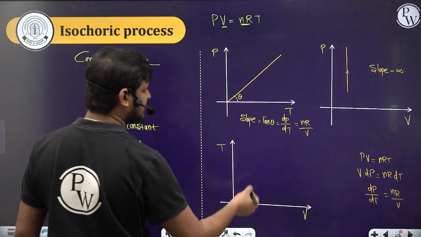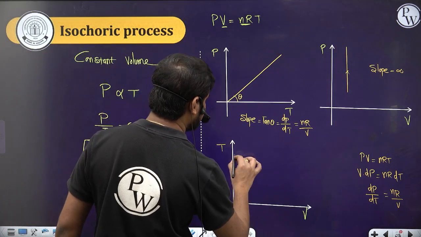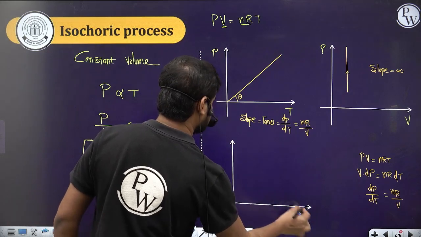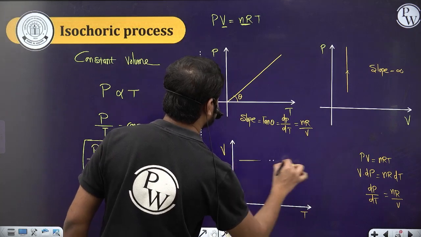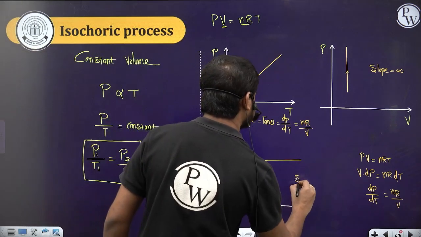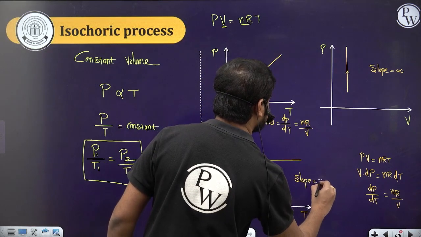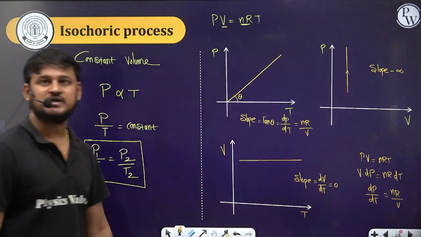As the temperature increases, the volume should be constant. Here the slope dV by dT is 0, a horizontal line.